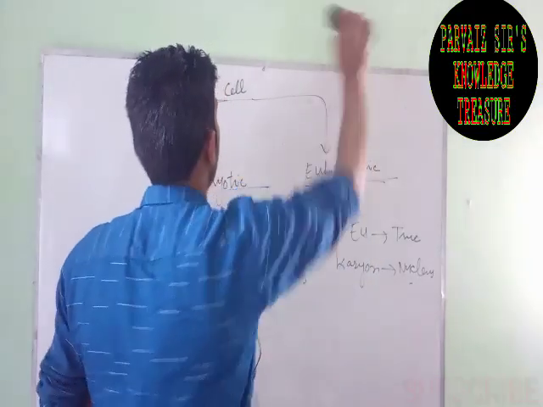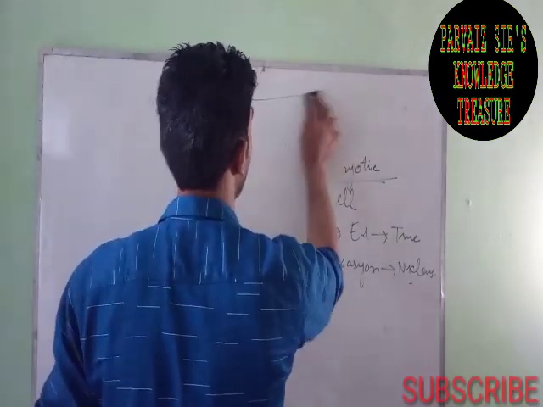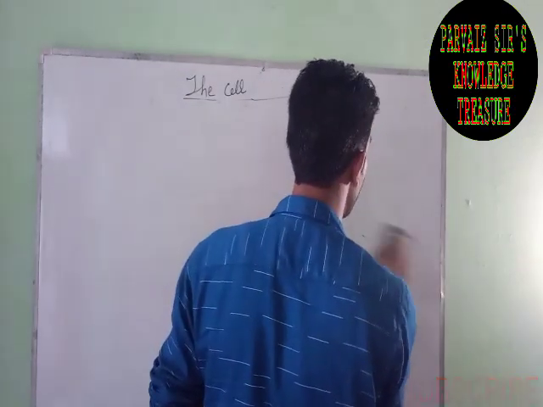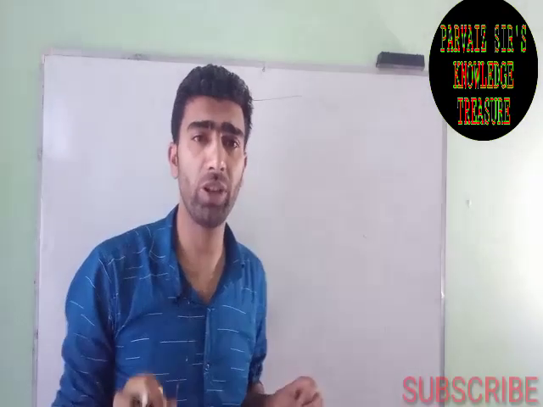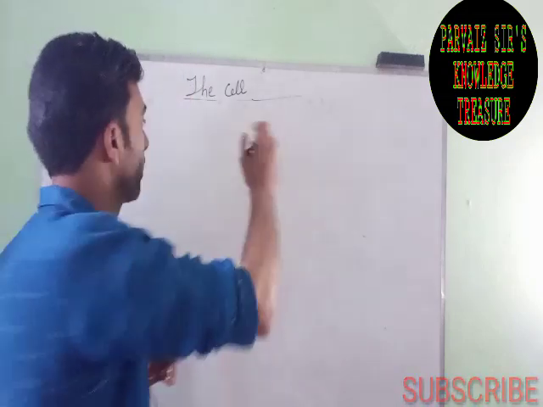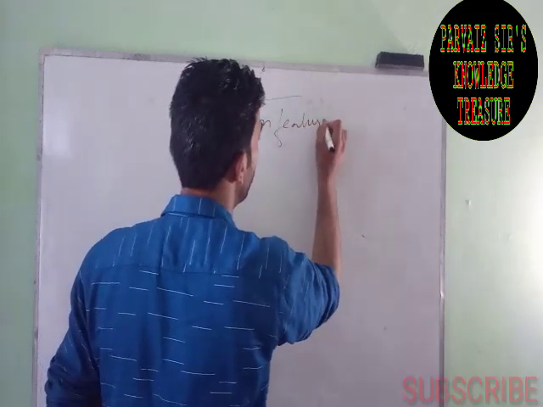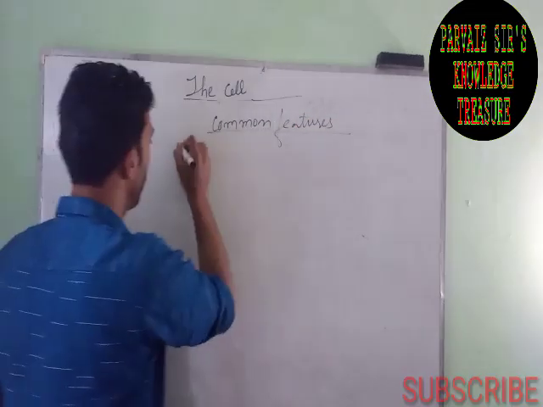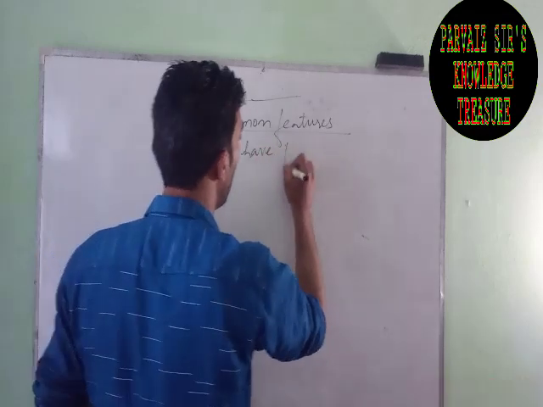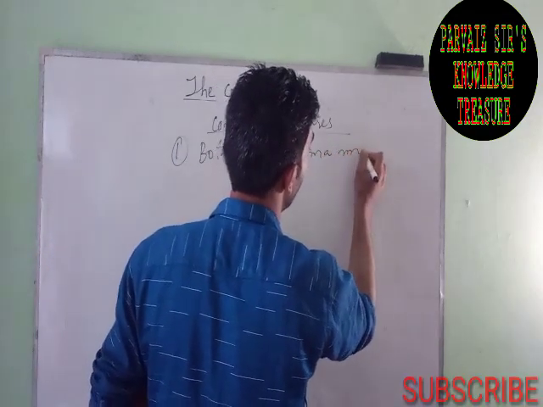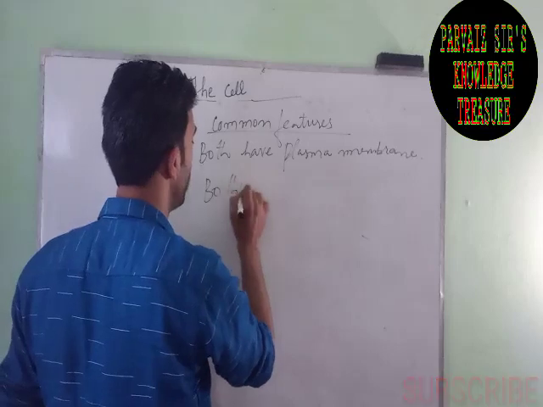There are some similarities between prokaryotic and eukaryotic cells, and there are some differences. First, we will talk about the common features which are present in both prokaryotic and eukaryotic cells. Number first, both have plasma membrane. Second, both have genetic material.